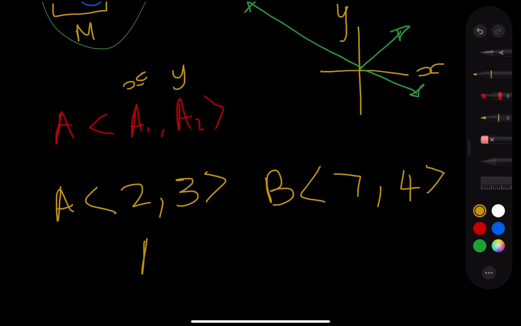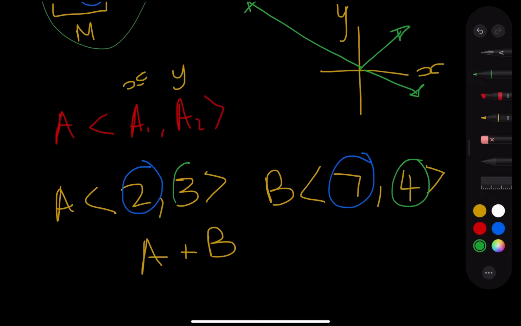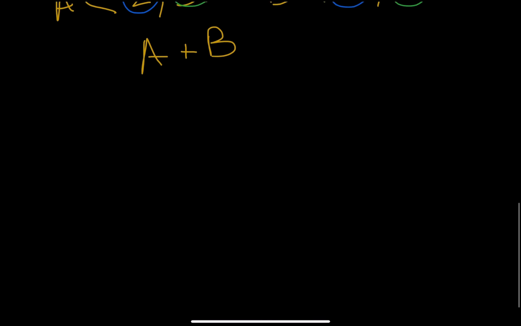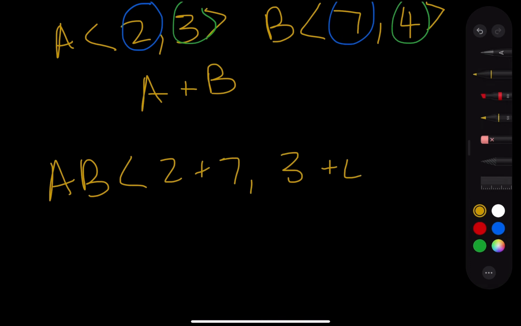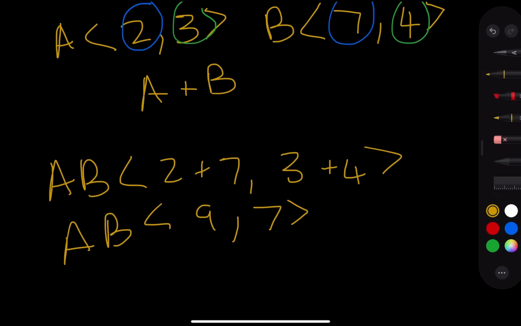If you want to add A plus B, we start off by adding this here, and then we add this and this. So vector A plus B would be 2 plus 7 and 3 plus 4. And then obviously 2 plus 7 is 9, 3 plus 4 is 7. So that's kind of straightforward, vector addition.